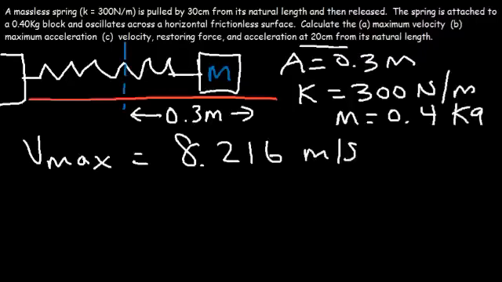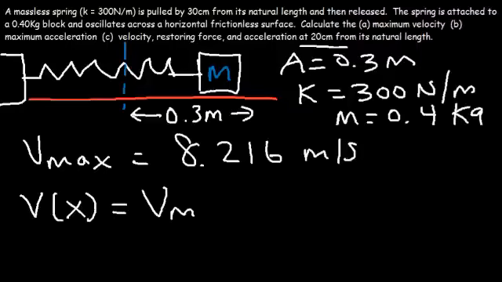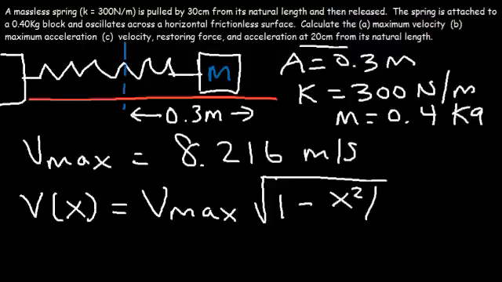We can use this equation. The velocity as a function of x is equal to the maximum velocity times the square root of 1 minus x squared divided by a squared. That's the equation that we had earlier in this video.